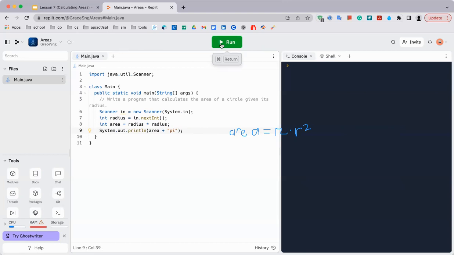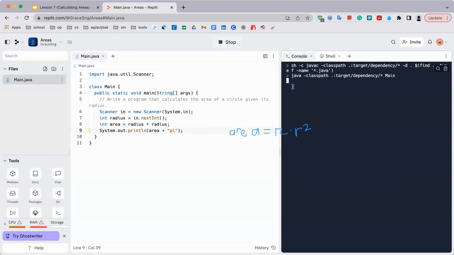Now let's run this and test it. So let's say that I have a circle with radius 5. And so for my output, I get 25 pi. And this would be correct if you don't directly multiply the r squared portion by pi.